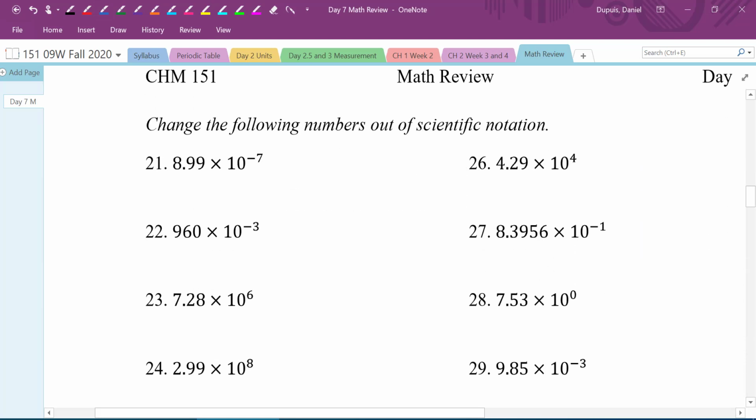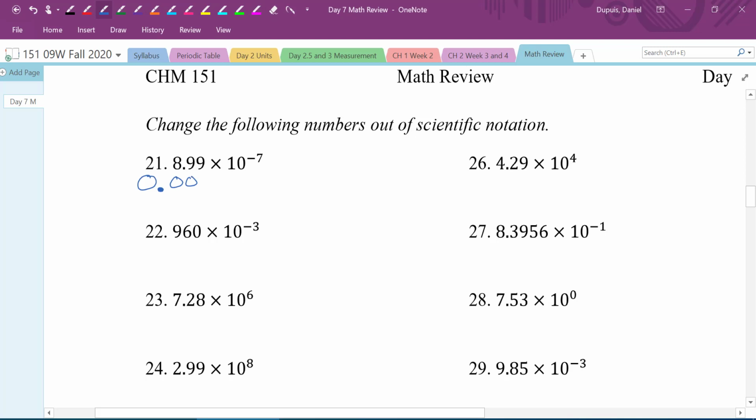Change the following numbers out of scientific notation. Alright, so I like to do this. I always like to put 0 point, because now you know it wasn't just a stray dot. Did I accidentally touch the pen to the paper there, or is it really a decimal point? Especially with pencil.